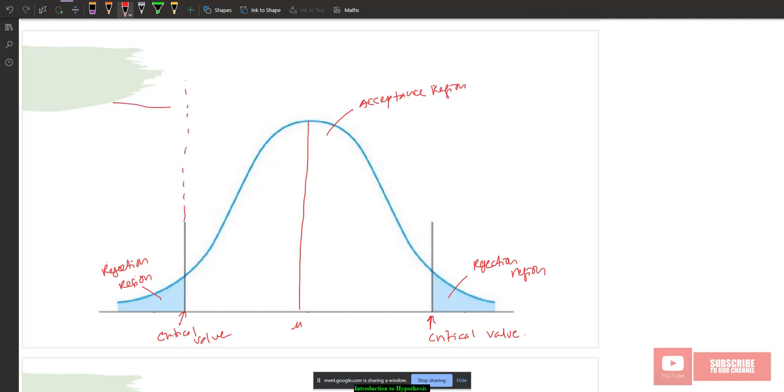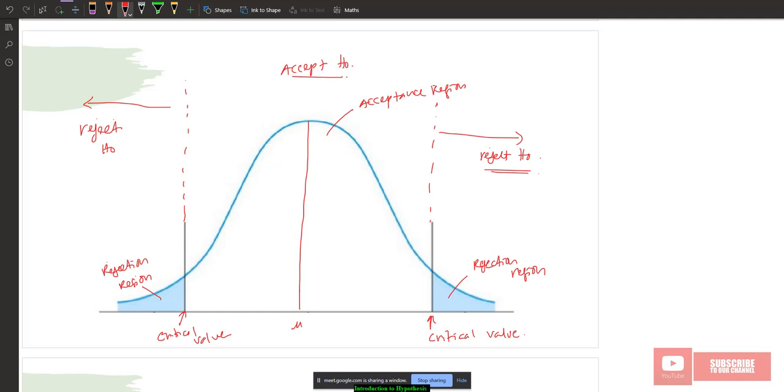The area on the left-hand side and the area on the right-hand side is where we reject the null hypothesis. When we reject the null hypothesis, the value of the test statistic lies in the rejection region. If the value of the test statistic lies in the acceptance region, we accept the null hypothesis.